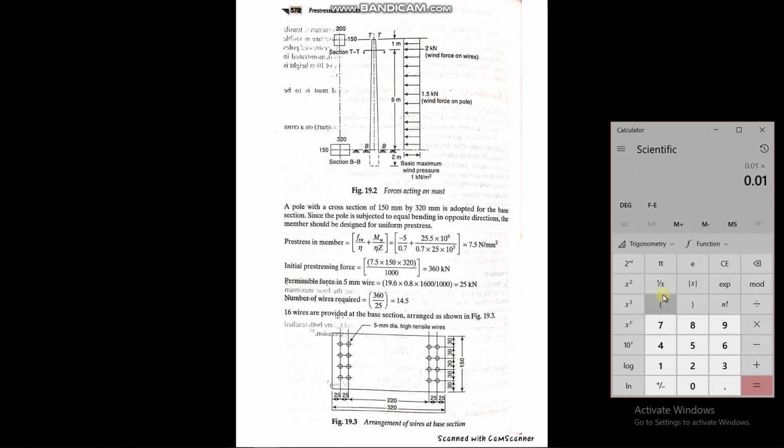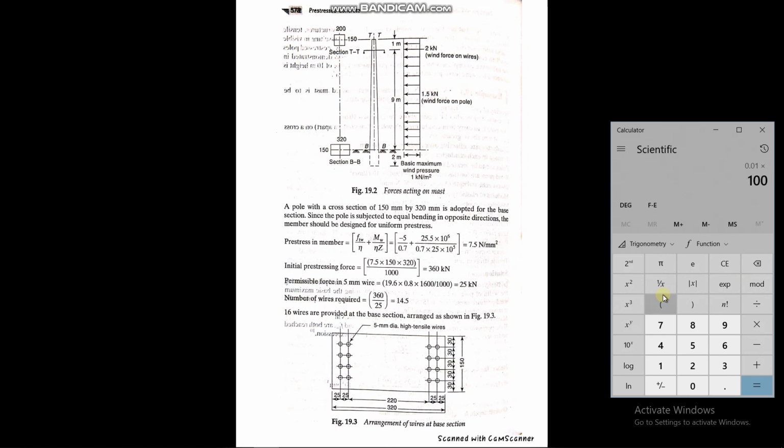So a single pole will take the load of wind blast on the wires 50 meter to the right and 50 meter to the left. So then you have a length of how much? 100 meter. So your exposed face area on the wires is approximately 0.01 into 100.